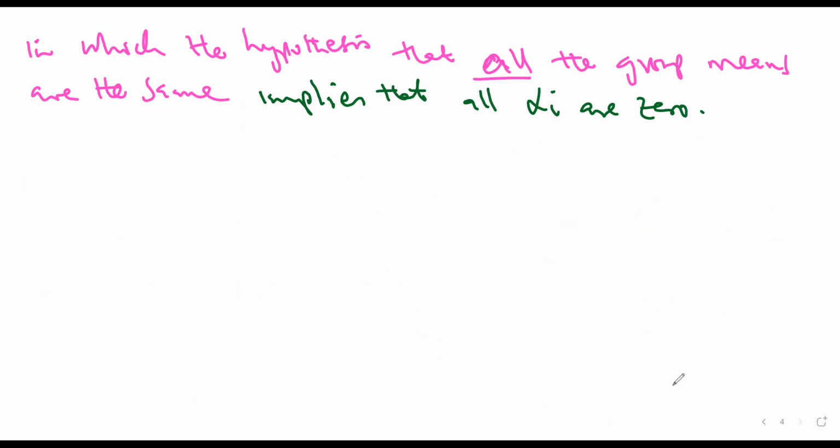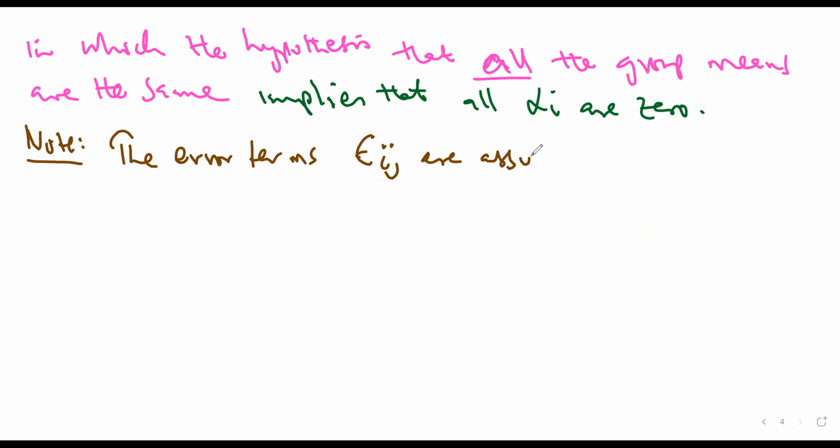Okay, then it's good to note this about the errors. The error terms, the epsilon ij's, are assumed to be independent and have the same variance.